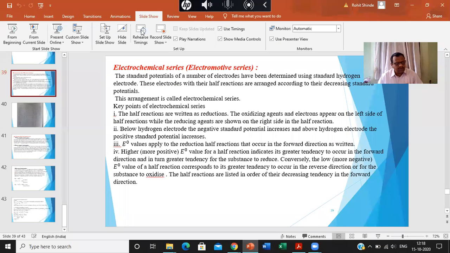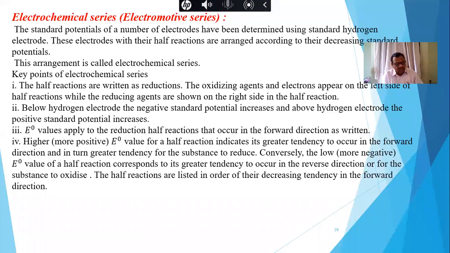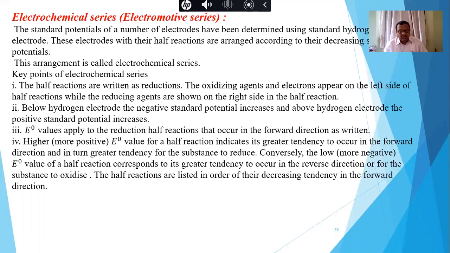In the last lecture, we discussed the relationship between standard cell potential and equilibrium constant. We also discussed the standard hydrogen electrode, its construction and working, and its disadvantages. We also discussed different types of useful cells in our day-to-day life, that is primary voltaic cell and secondary voltaic cell.